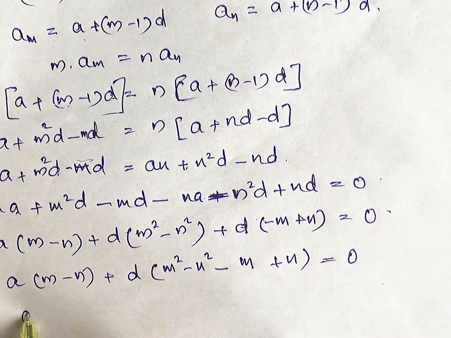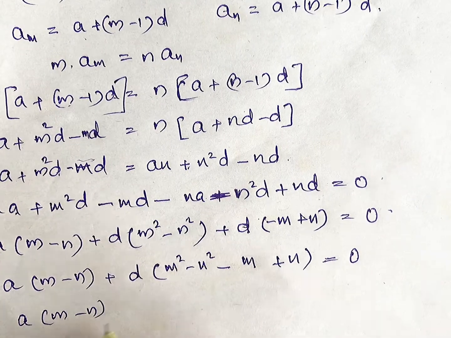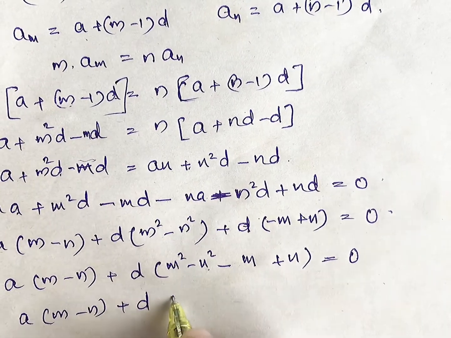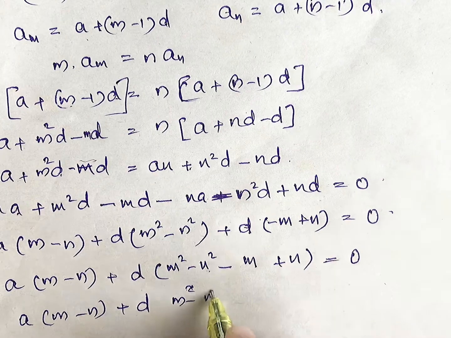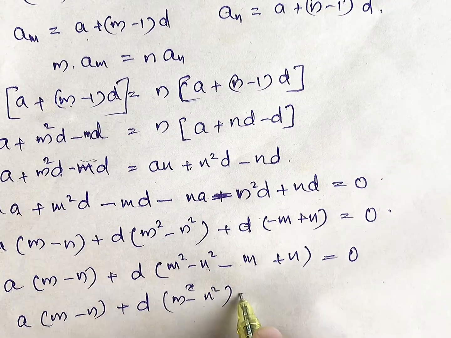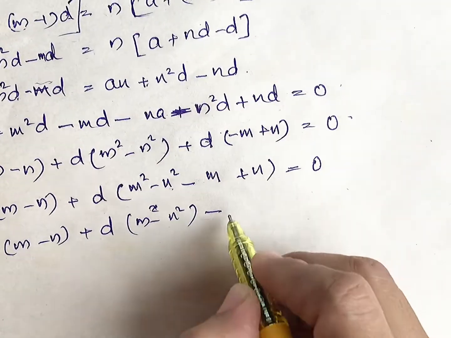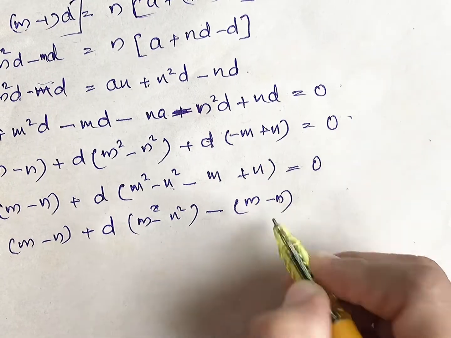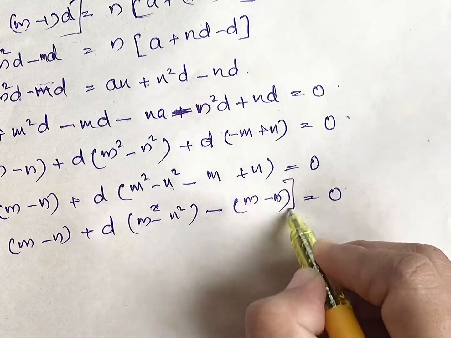Here m square minus n square can be written together, and taking the minus out, we get minus of (m minus n), right?